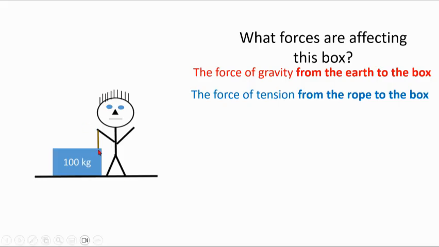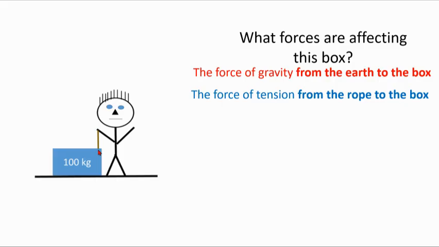If the box could feel, it would feel a rope pulling up on it. It wouldn't feel his hand. So we're just going to do the rope. If we did the rope and his hand, then we would be doubling up and saying that there's two forces when there's really only one force pulling up on the box here.